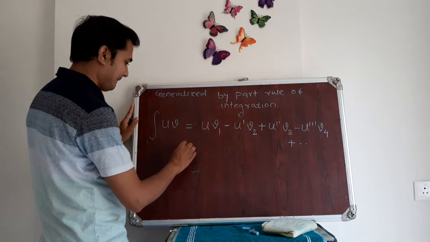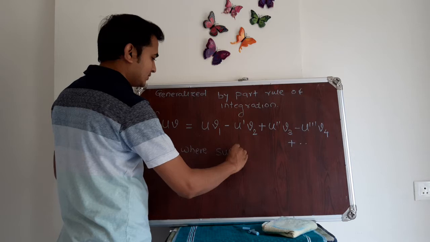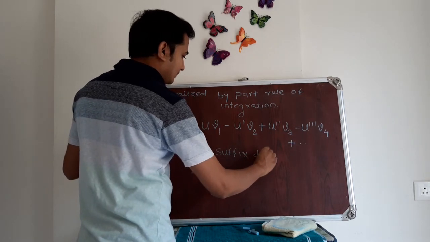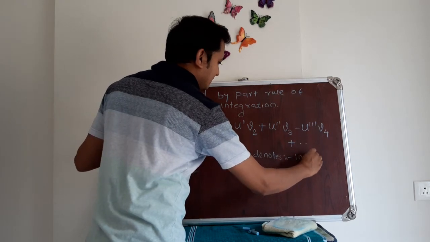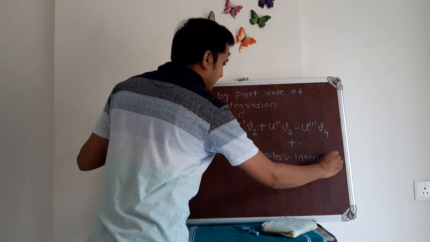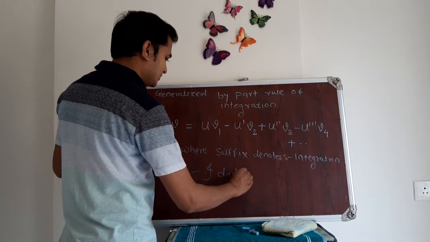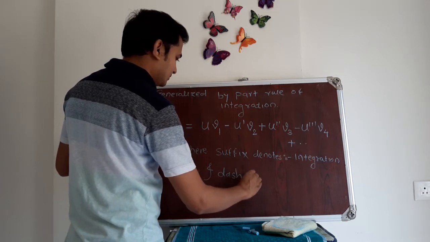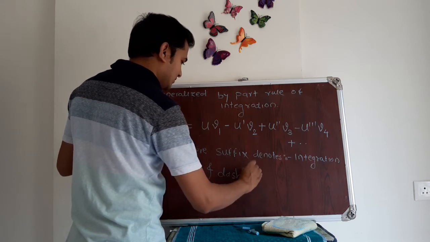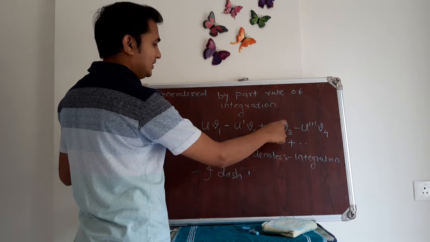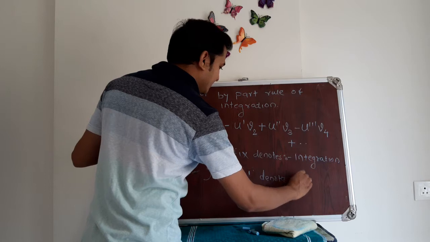Where the suffix denotes integration, and this dash, this u dash or u double dash denotes differentiation.